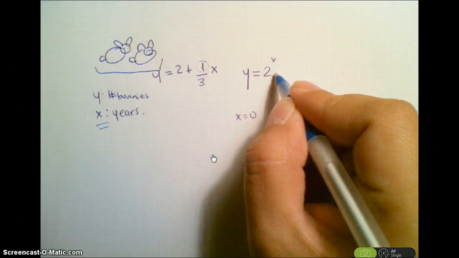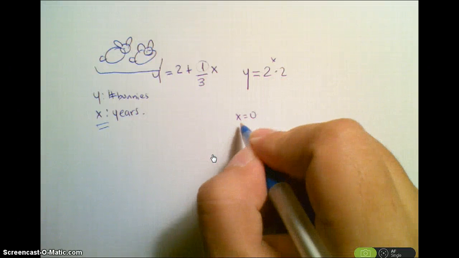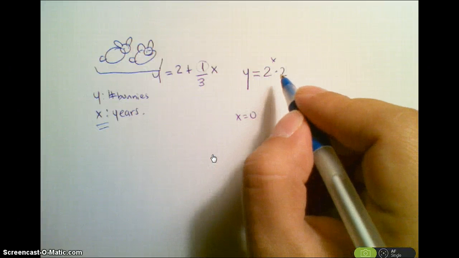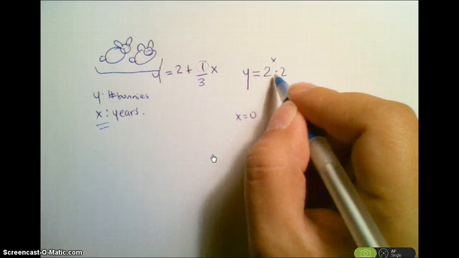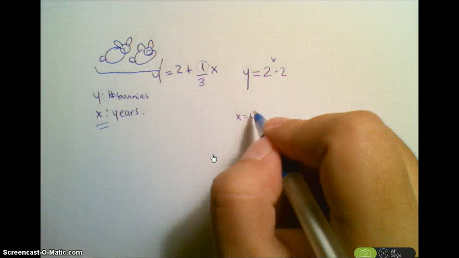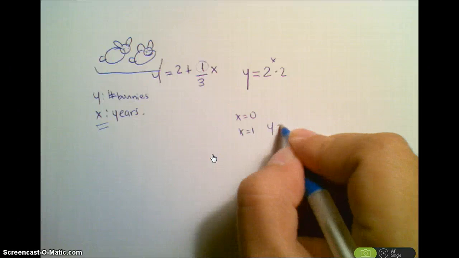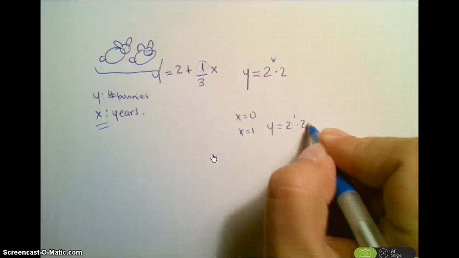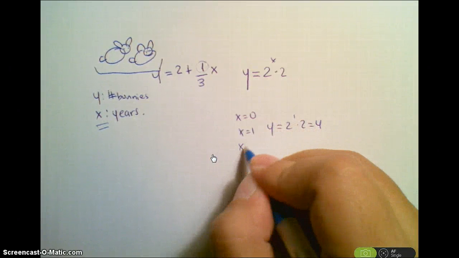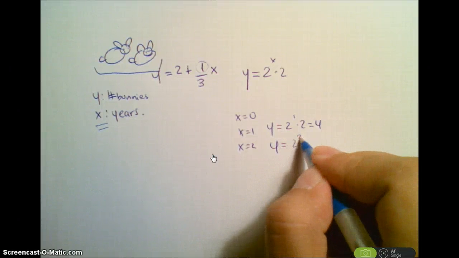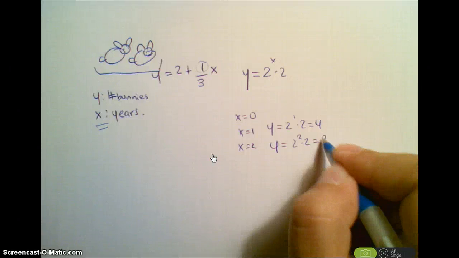So I have to multiply this by 2, because at the beginning of time I want to have 2 bunnies. So when x is 1, I have y equals 2 to the 1 times 2, which gives me 4. When x is 2, y is 2 squared times 2, and that will be 8.